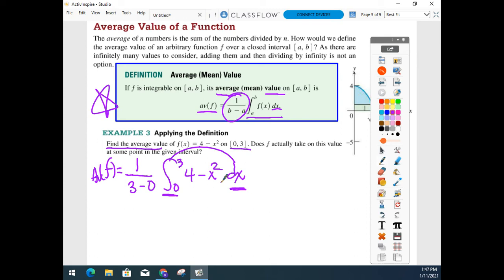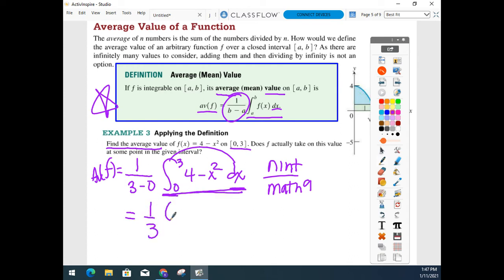So if we want to find this value, we have not really talked about how to find this value without a calculator. So go ahead and use your NINT. Remember, that's Math 9. So using Math 9, first of all, this is just 1/3.